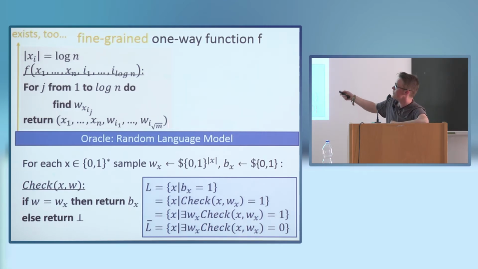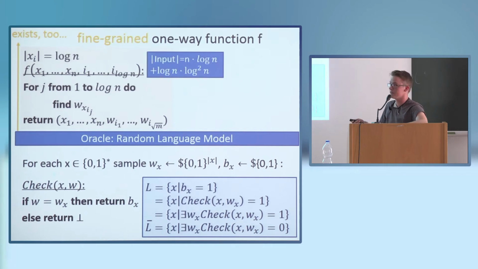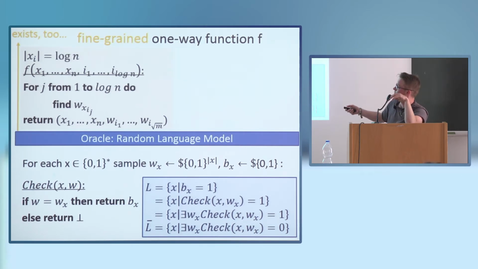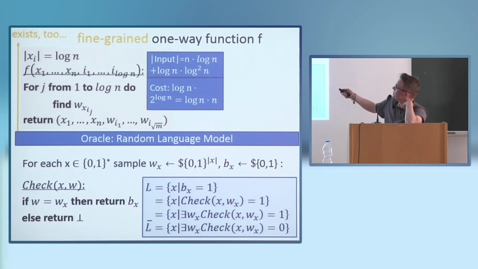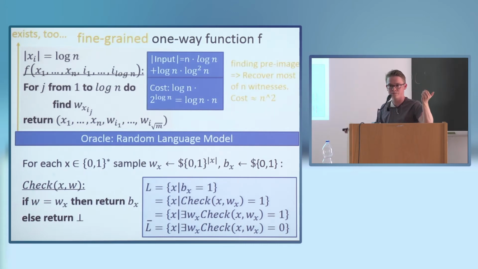And then an inverter needs to find the indices to which these witnesses belong. To be able to do this in this oracle world, you need to solve most of these instances. Whereas the forward computation time is log n times you need to find a witness of length log n, which takes time n. So the forward computation is log n times n, and inversion is n squared.